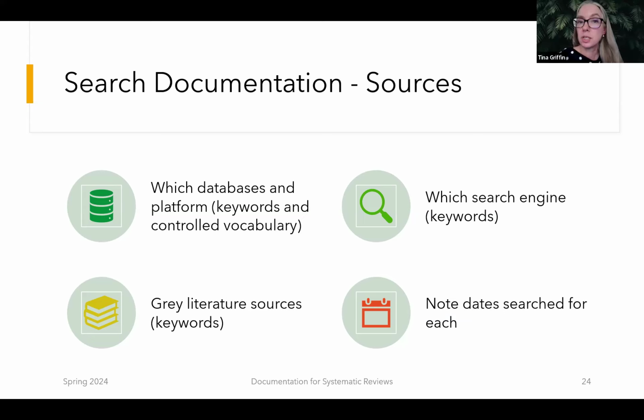In addition to that, you need to also document the keywords and the controlled vocabulary that you are using. Now, the webinar that comes after this one is how to start doing a structured search, and they're using PubMed as an example. So what we mean by keywords is probably what most of you do, which is you go into PubMed and you're just using words out of your everyday vocabulary to search PubMed.